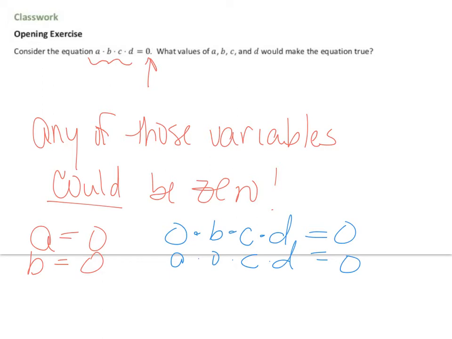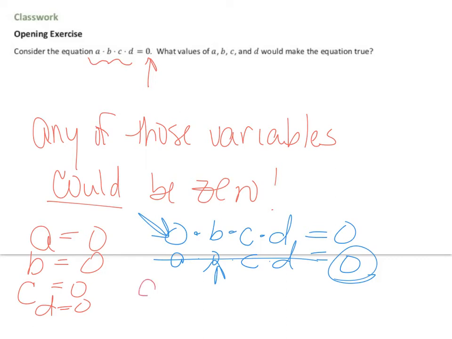If I put that 0 anywhere in that equation, it wipes out the whole equation and makes the whole thing equal to 0. So C could be equal to 0 and D could be equal to 0. So we really say A equals 0 or B equals 0 or C equals 0 or D equals 0.